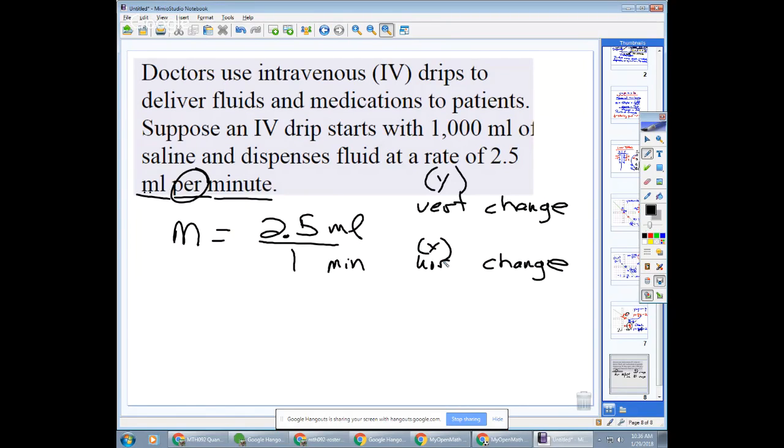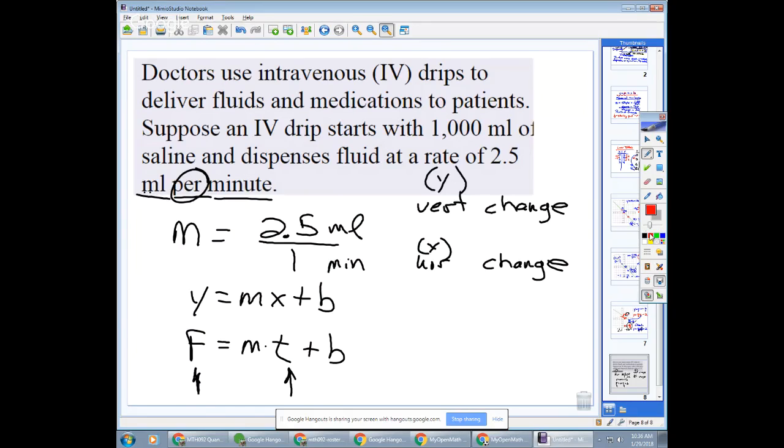Now here, instead of y equals mx plus b, they want us to use f for the fluid. The fluid depends on the time, so that's going to be m times t plus b. Every once in a while, we're going to throw in different variables to match whatever situation we're talking about.